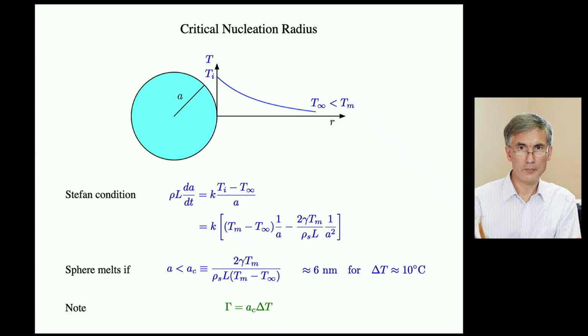Same equation as before, except I replaced Tm with Ti. And Ti is Tm minus my Gibbs-Thomson undercooling. Otherwise it looks the same. If I had no surface energy, I would just have what I had before: A dot is proportional to 1 over A, and I'd have got my square root of t growth.